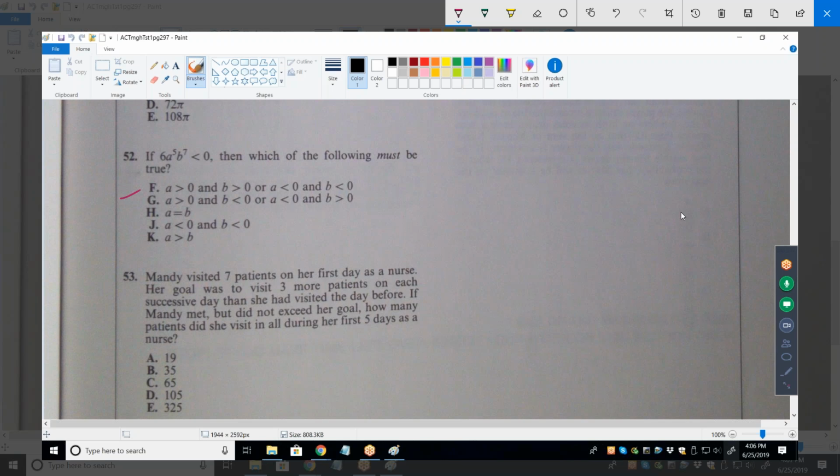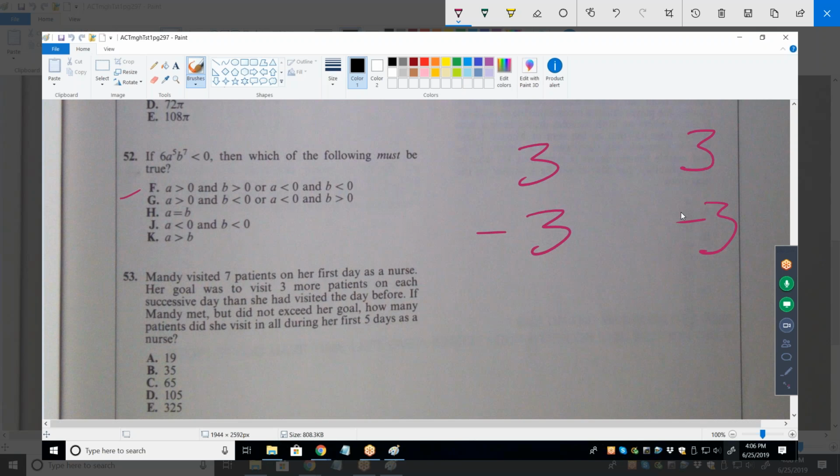Now, you have to wonder if A is equal to B. That cannot be. In other words, if you let one equal 3 and the other one equal 3, you have a positive number on the left. If you let one equal negative 3 and the other equal negative 3, you still have a positive number on the left.